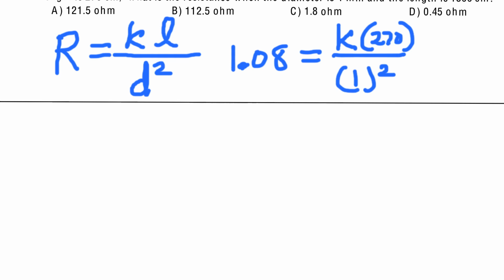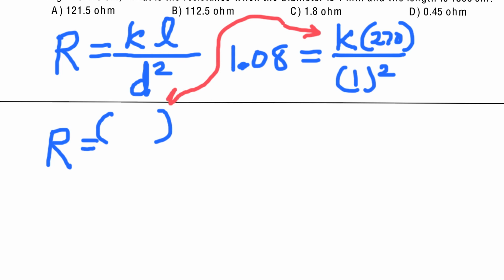Then it says, what is the resistance when the diameter is 4 millimeters and the length is 1800 centimeters? So we're going to be looking for the resistance, and we'll find the K right here. Once we have it, we will stick it in there.